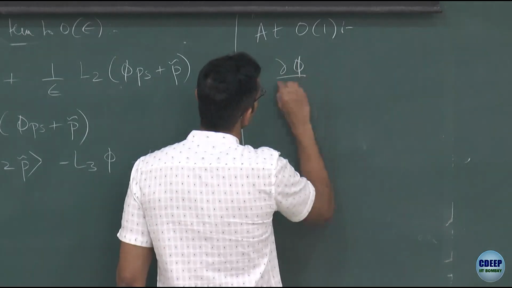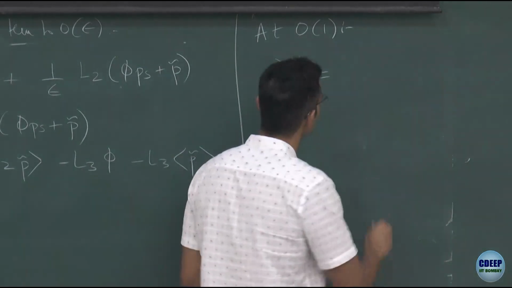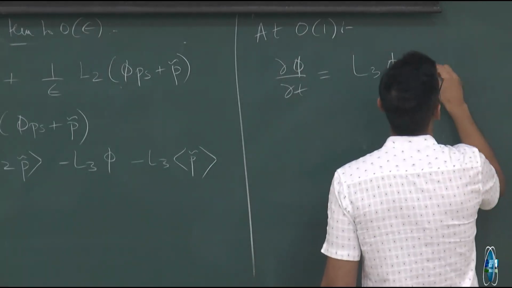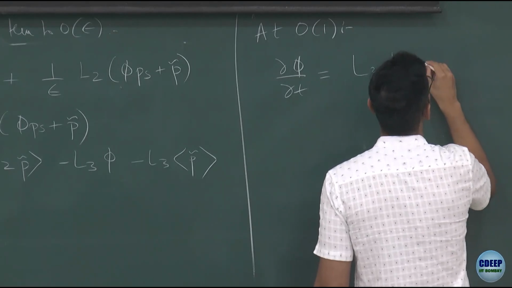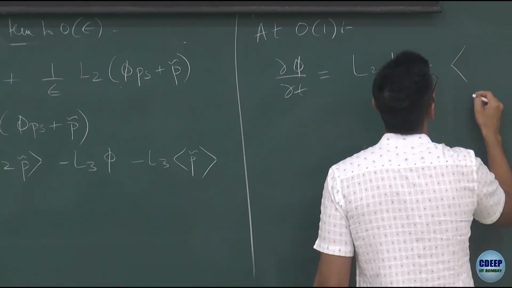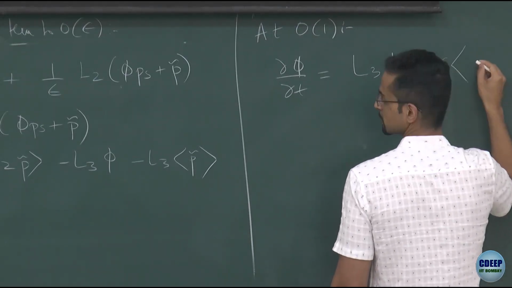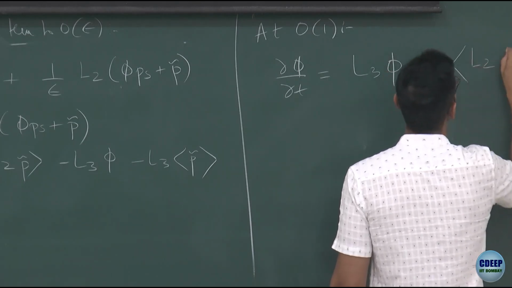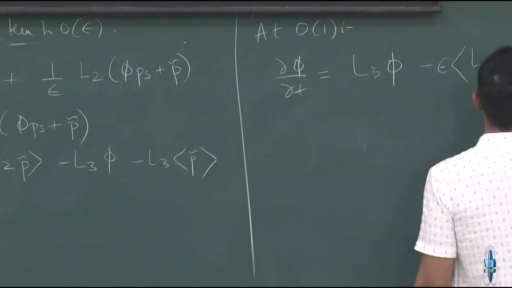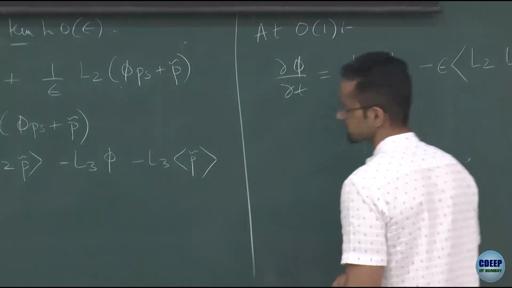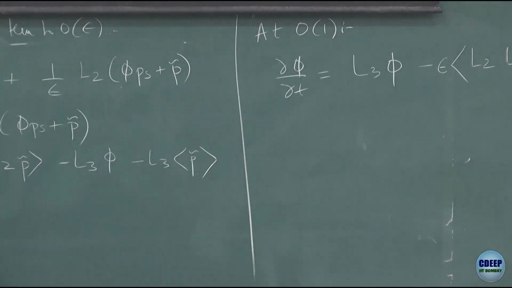So I have dou phi dou t is equal to L3 phi. And now I'll have a minus coming out. I'll have to replace, okay, so this is now my final equation for phi. Sorry, epsilon is not here.